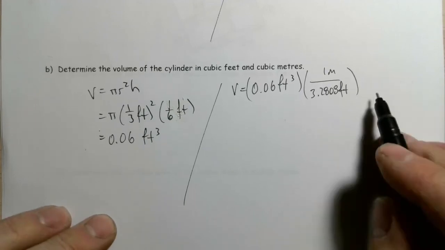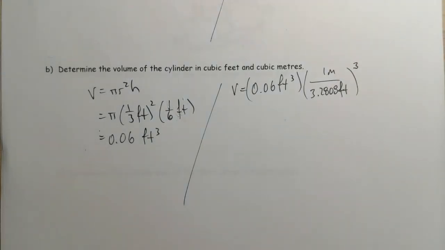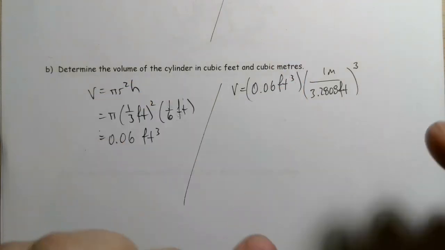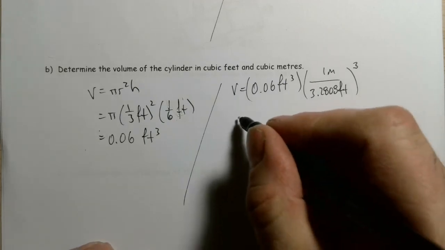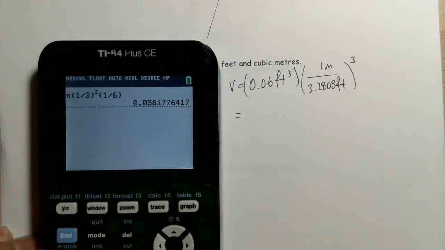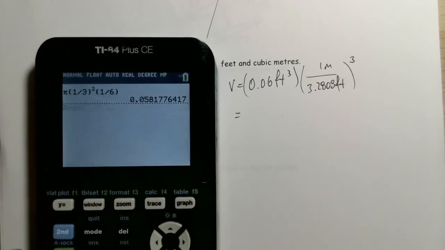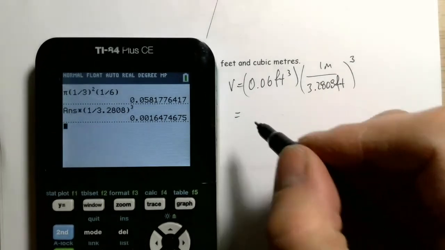And I'm going to have 3 of these factors, so I'm going to put the cube here now, so that I get my length being converted, my width being converted, and my height being converted. And so now I will take that number and multiply it by 1 divided by 3.2808 cubed.